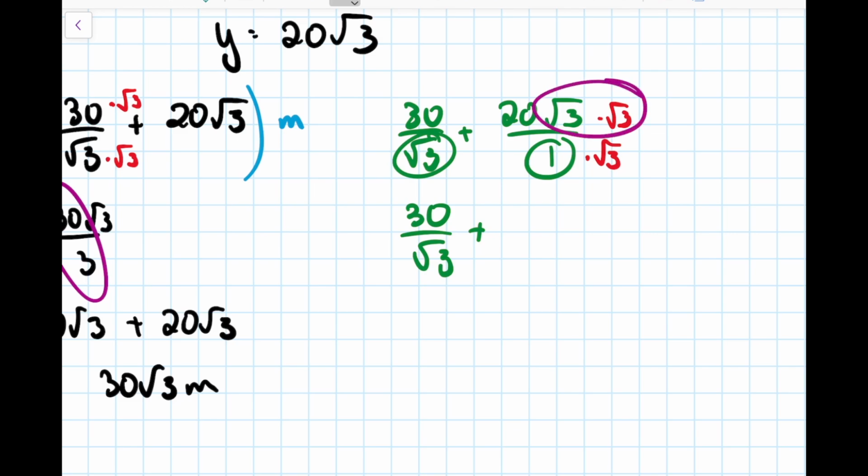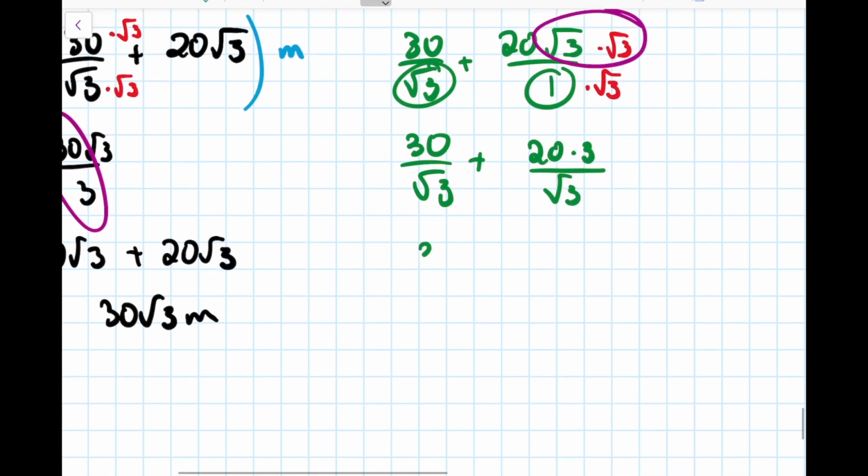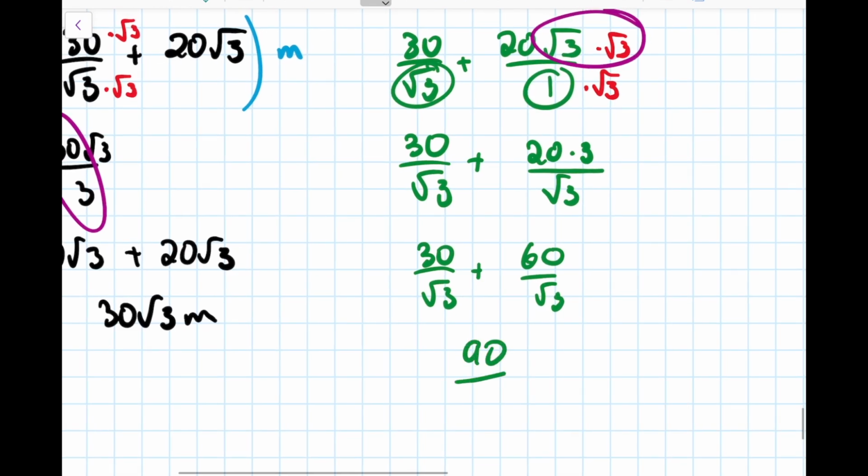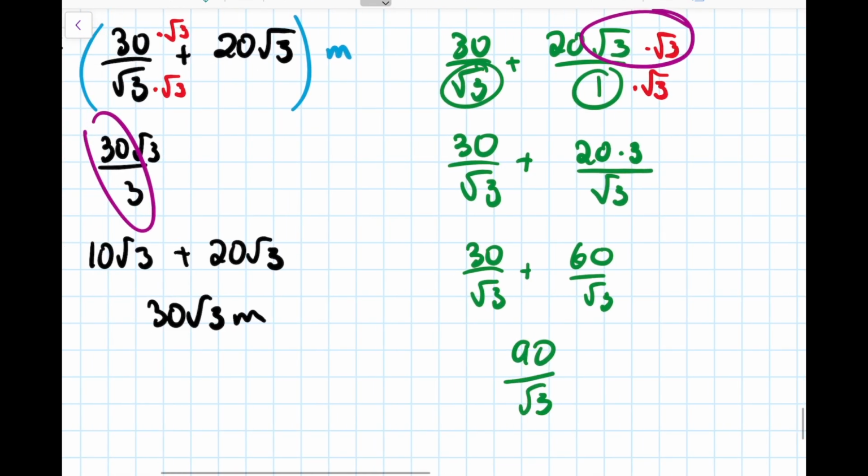And so we'd have 20 times 3 in our numerator on that one, and then just root 3 on the bottom, which would be 30 over root 3 plus 60 over root 3, which if you put them together, is going to be 90 over root 3. And then you could rationalize that, and you'd end up in the same space as over here.